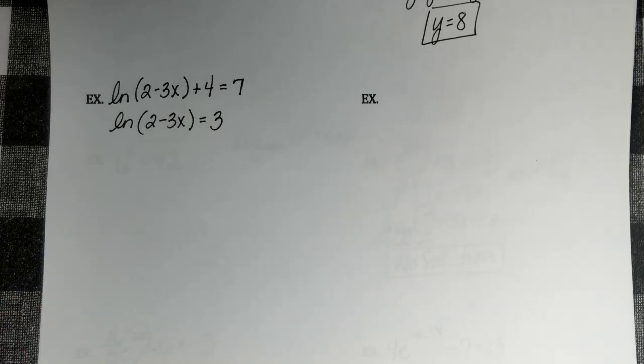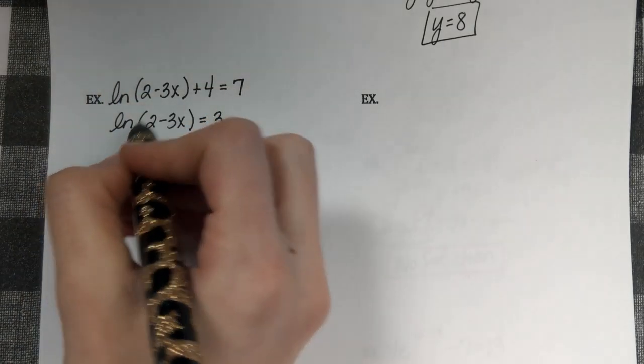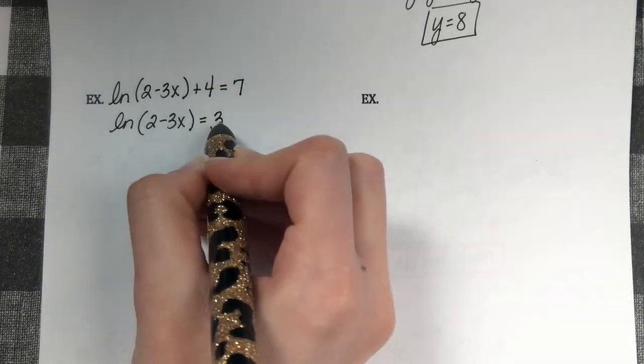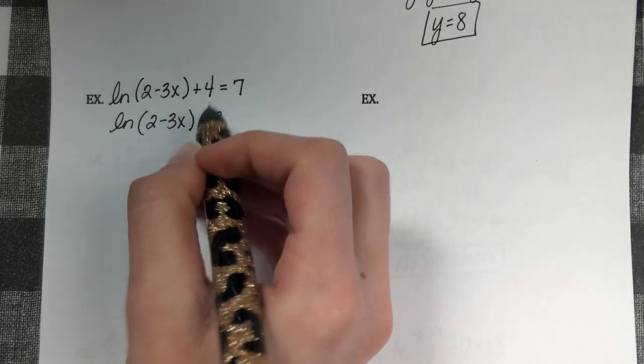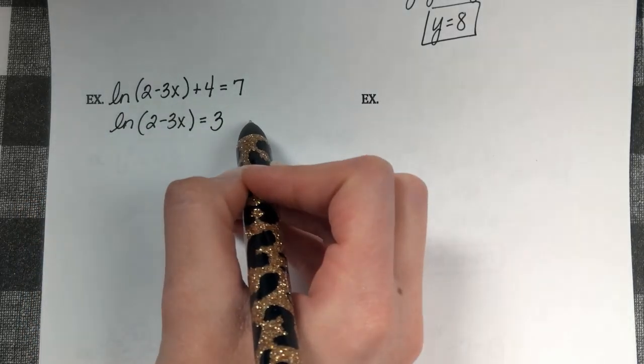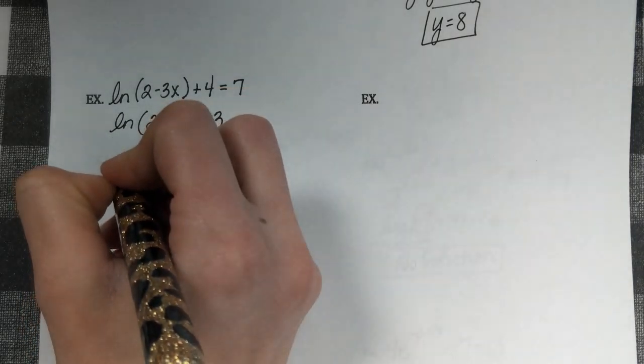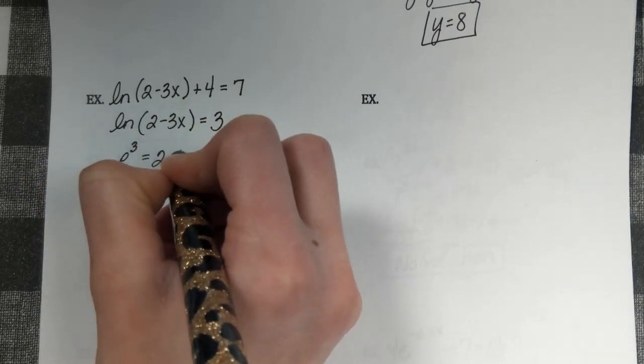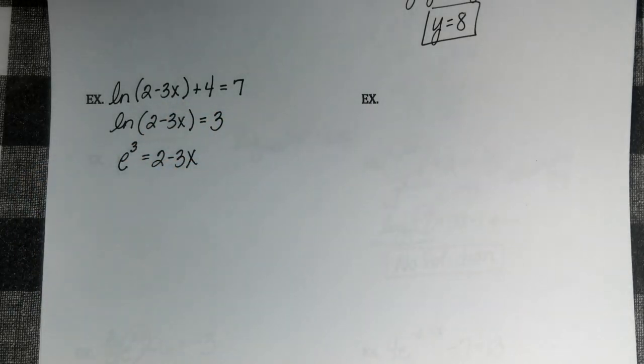I have my natural log isolated, so the inverse of natural log is e raised to a power. So I've got log base solution equals exponent, right? If I read that to myself every time, then I should know to put it in exponential form. I have e to the 3rd power equals 2 minus 3x.